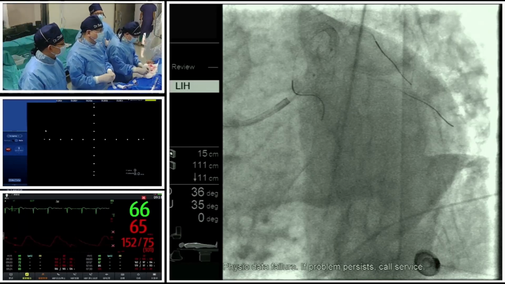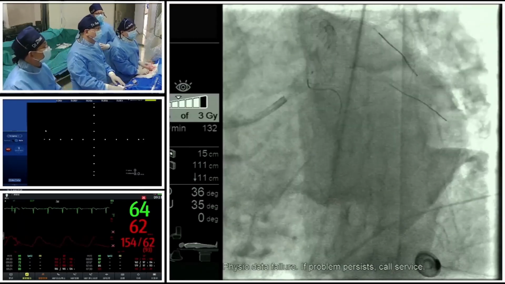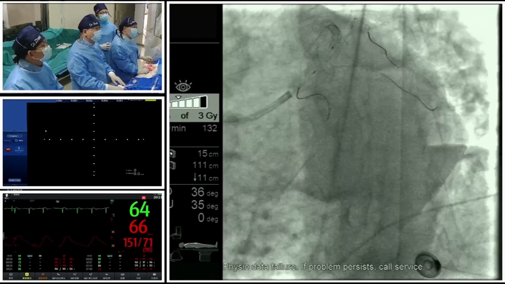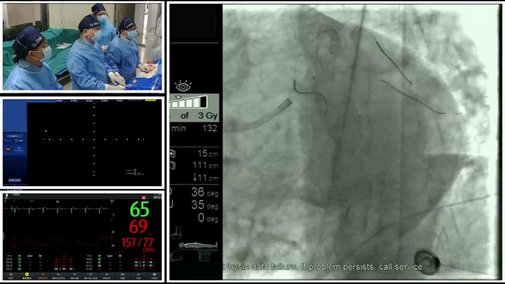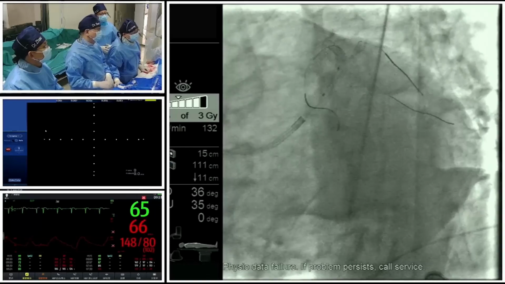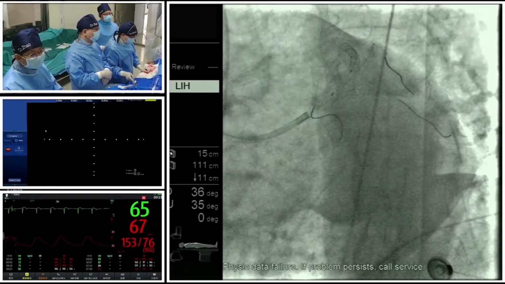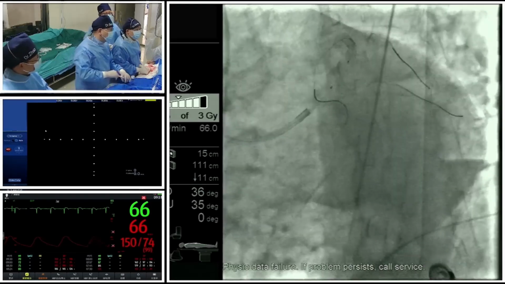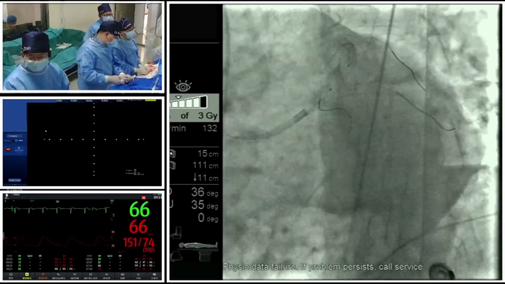So I think this is a very interesting case. So Dr. Gong, what's your strategy? Okay, good morning everyone. For this patient, the case is very complex because of severe calcification and diffuse lesion and two side branches with severe stenosis.